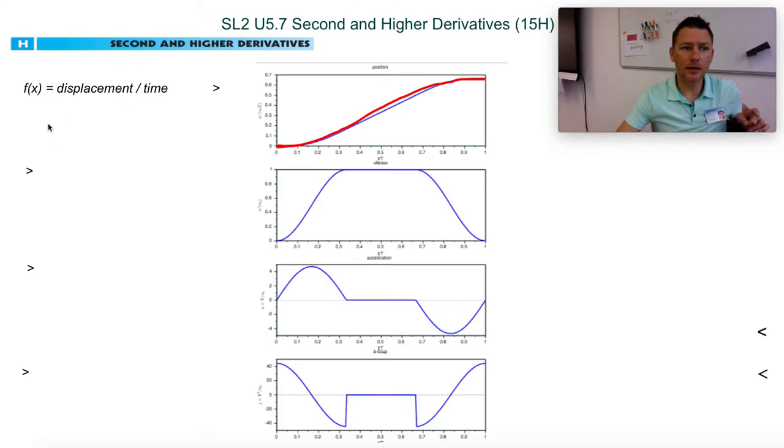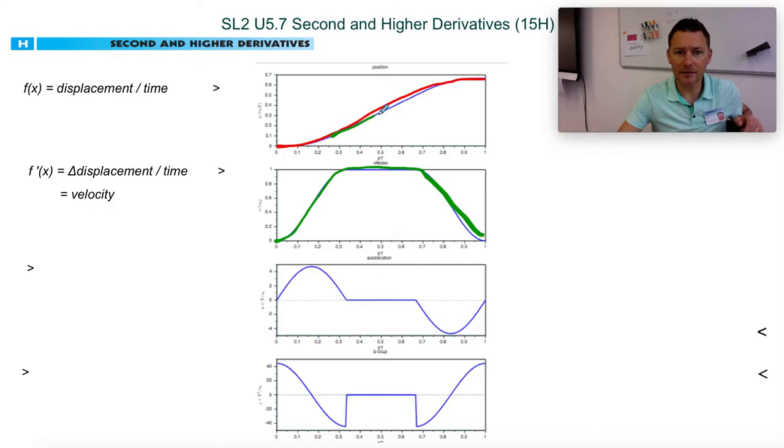If you take the derivative of that, displacement over time, you get velocity. So this is the velocity curve. You can see our velocity increases, and then it holds constant, and then it decreases. That's where it holds constant. The displacement is changing linearly, right? So it's holding constant and then decreasing. So it takes us some time to get up to speed. We hold our speed, and then we drop off again.